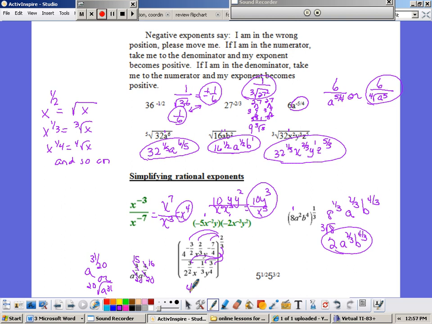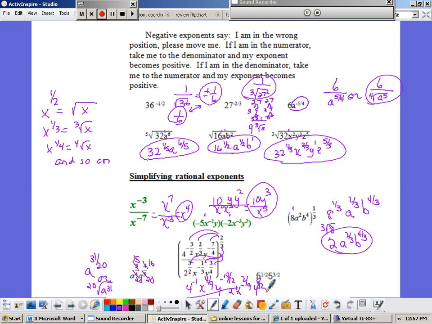4 to the -1, x to the 4/9, y to the -14/12, over 2 to the 1st, x to the negative 2/9 and y to the 6/12.